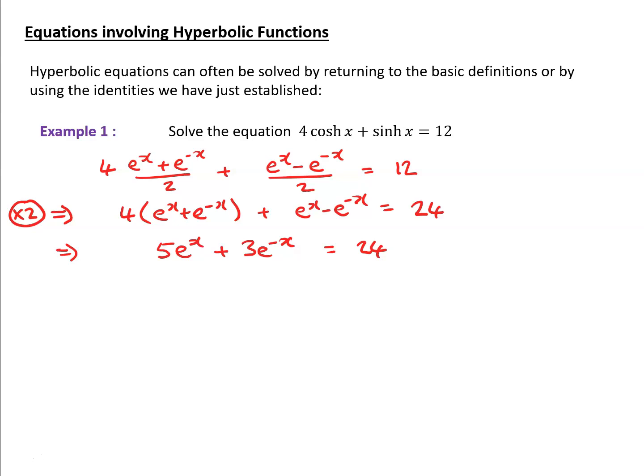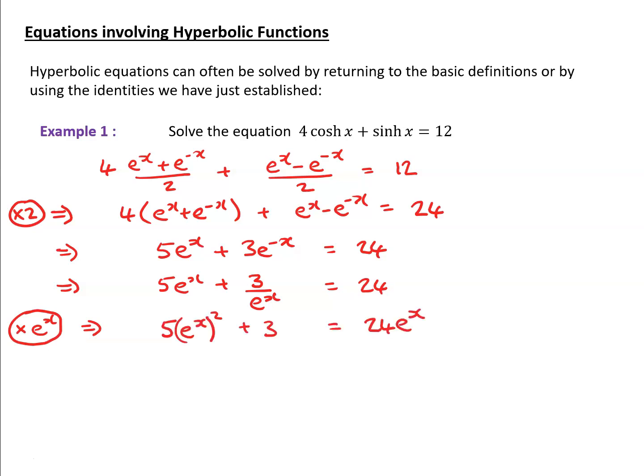Remember that e to the minus x means the same thing as 1 over e to the x. And then it's clear that what we need to do is just multiply up by e to the x. If I multiply up by e to the x, I get 5 lots of e to the x squared plus 3 equals 24 e to the x.